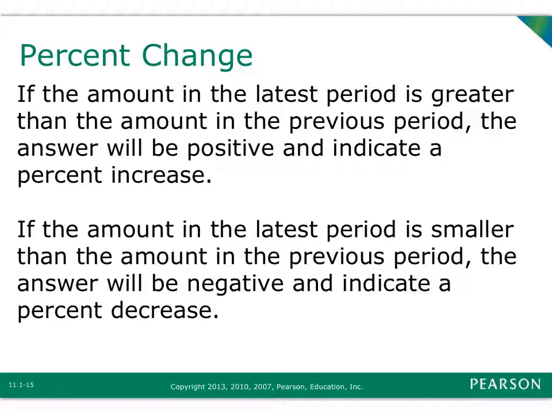If the amount in the latest period is greater than the amount in the previous period, the answer will be positive and indicate a percent increase. If the amount in the latest period is smaller than the amount in the previous period, the answer will be negative and indicate a percent decrease.